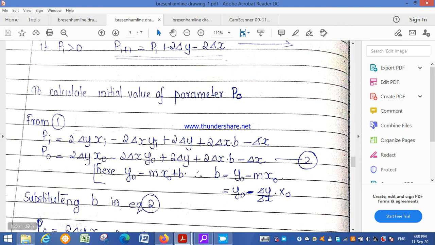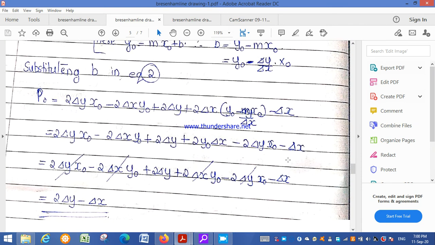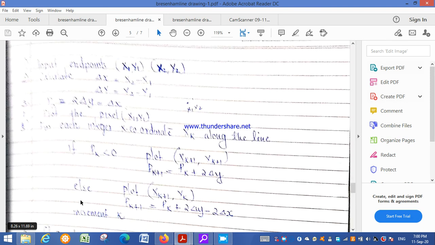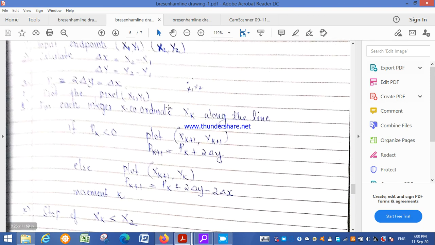On simplifying this, you get the initial decision parameter as 2 delta y minus delta x.